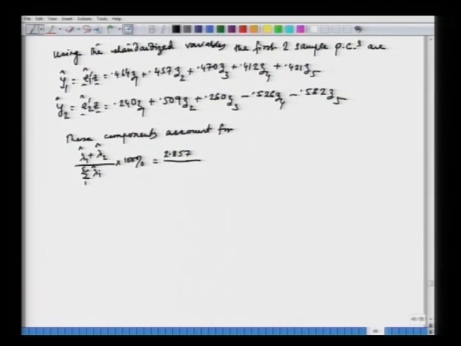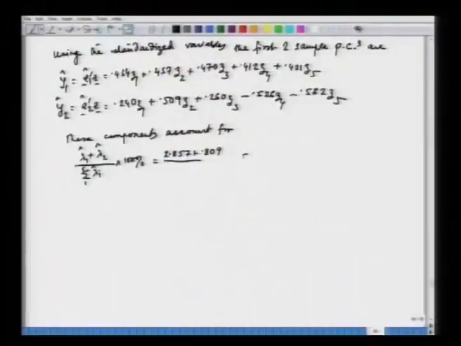This is 2.857 plus 0.809. You can see here that the denominator is the trace of the matrix, the sum of the eigenvalues of the R matrix. Now, the trace of the matrix is nothing but the sum of 1 up to p times. So, in case we are using the standardized variables, this summation of lambda i hat, we can also write simply as p, which is the dimensionality of the data.